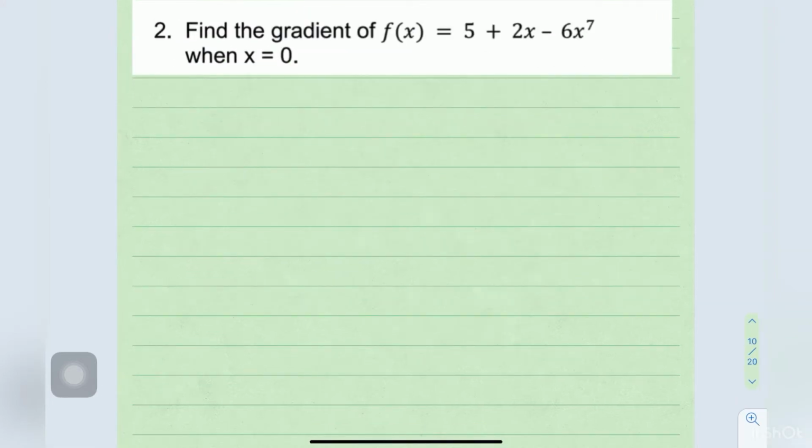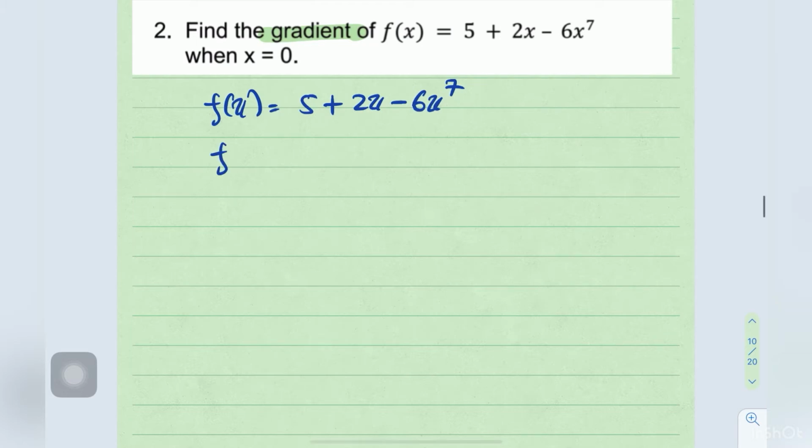Same thing for question number 2. Find the gradient. Again, gradient is dy/dx. Now we have f(x) equals 5 plus 2x minus 6x to the power of 7. The gradient is f prime x.